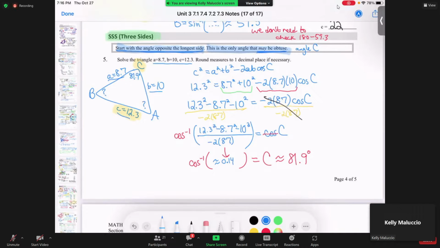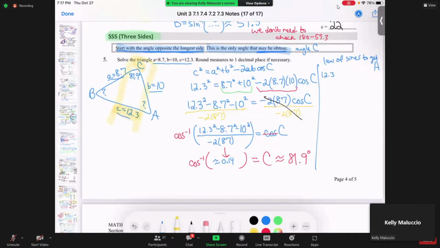Actually, maybe this is where we use that advice from before. I'm gonna do the smallest side. I don't know if this was on purpose or not, but now we're gonna do law of sines to get capital A, and then we can subtract from 180 and get the last angle, right? So I'm gonna do 12.3. Let me highlight what I'm using here.